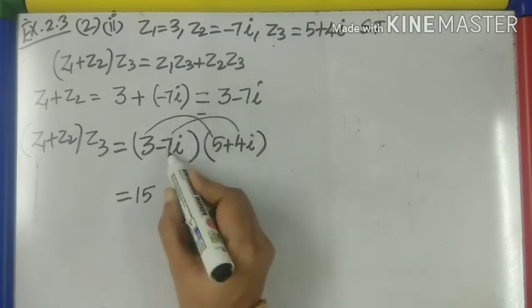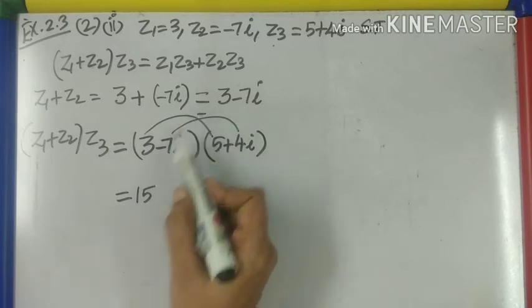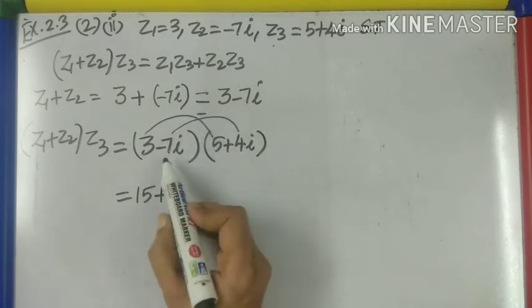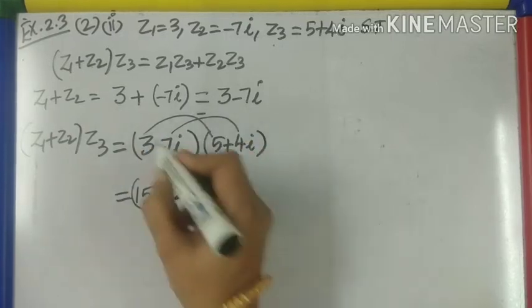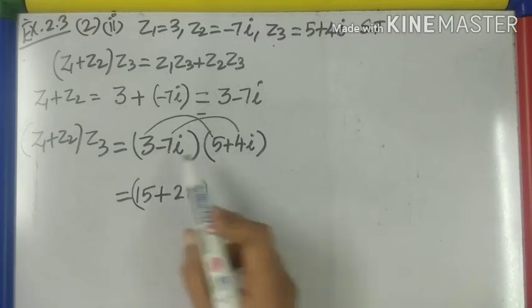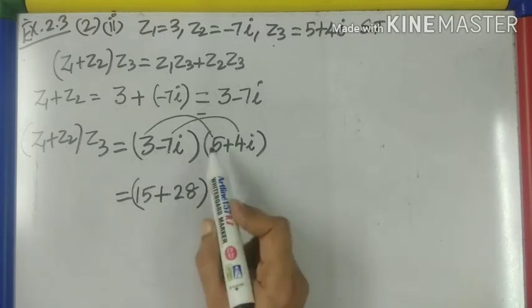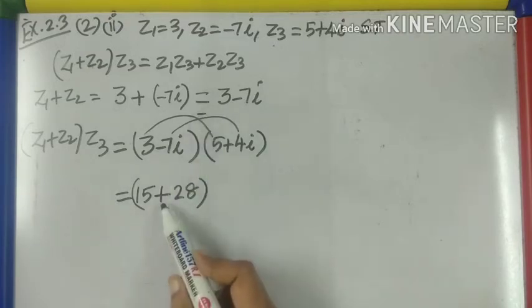Minus imaginary and imaginary. Already one minus, here one minus. So minus into minus is plus. 7 into 4, 28. So when I do this arrow mark multiplication, I see only the numbers, not i. 3 5s are 15. Minus of minus is plus. 7 into 4 is 28.